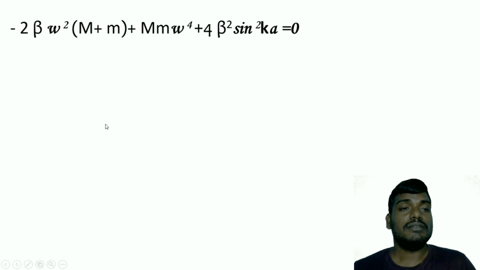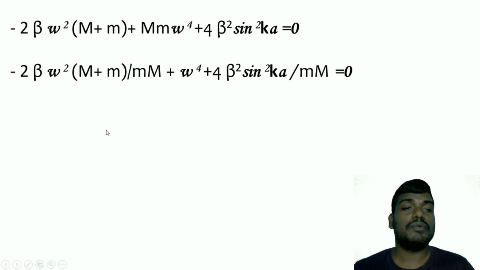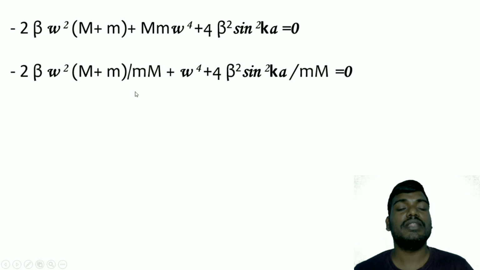Then we solve the equation. We divide by mM, capital M and small m. This gives ω⁴ - 2β ω² (m + M)/(mM) + 4β² sin² ka/(mM) = 0.